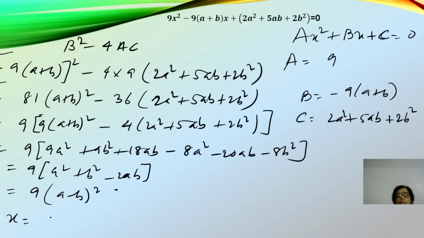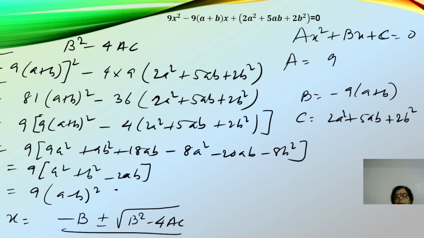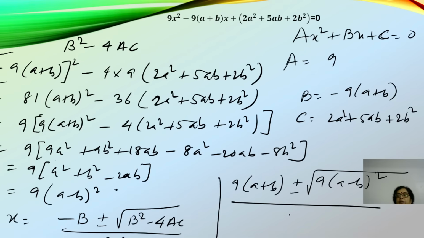So the solution is given by minus b plus minus square root of b squared minus 4ac, by 2a. So this becomes equal to minus b, that is, b is minus 9 into (a plus b), so it becomes 9 into (a plus b), plus minus the square root of b squared minus 4ac, which we got as 9 into (a minus b) the whole square, by 2 into 9, that is 18.